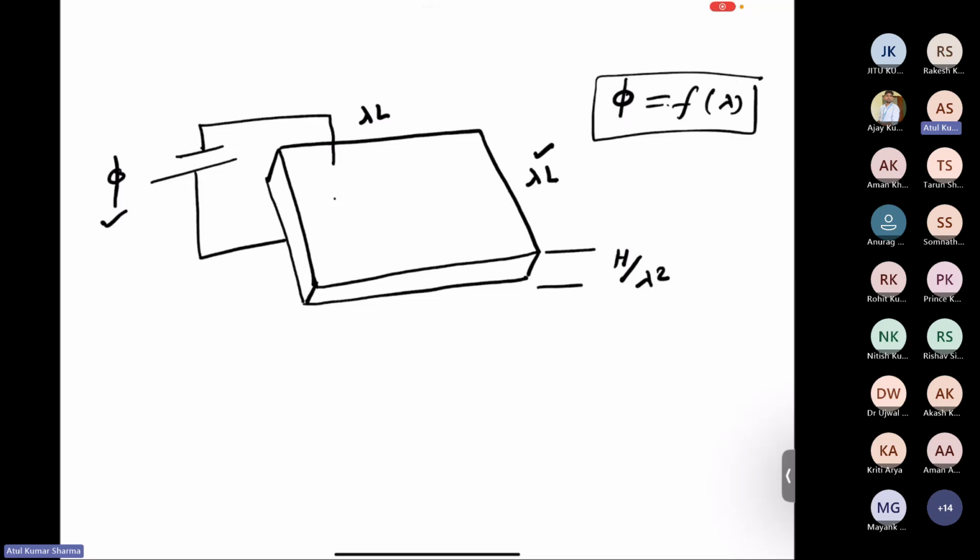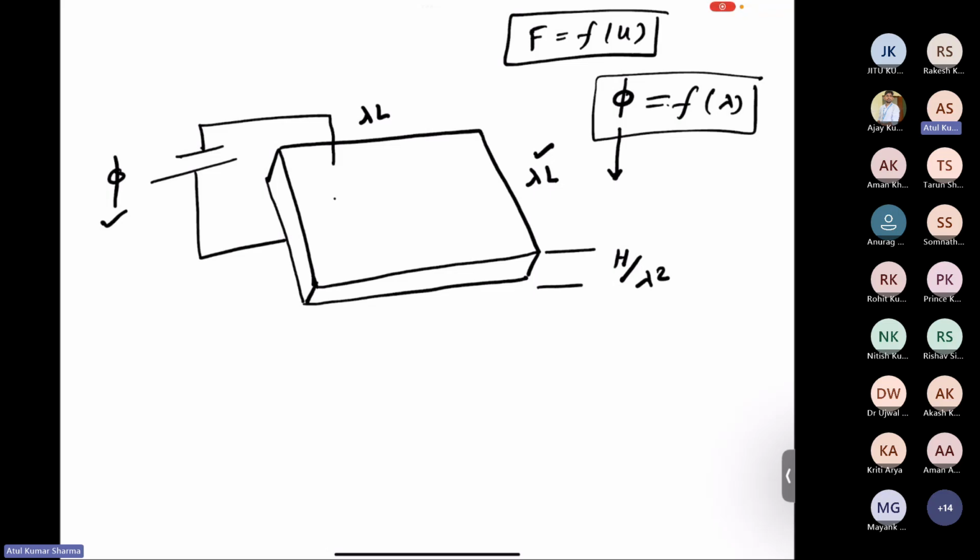Like for the spring force system, you have F, how it is a function of u, that we have already derived for a spring force system. That was a linear relationship, F is equal to Ku. Now we will see what is the relationship between this phi, which is the applied potential difference, and this stretch lambda.